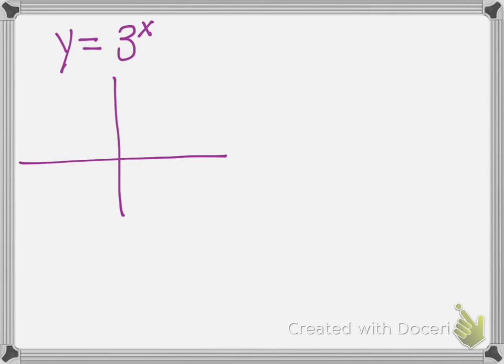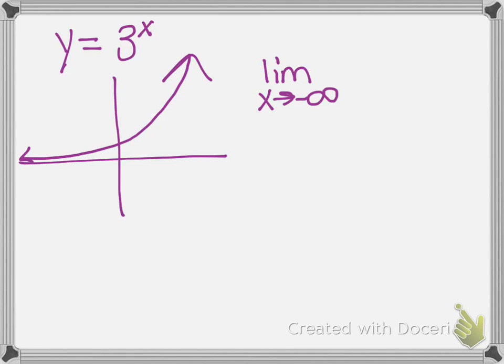But let's say that I gave you this function. Pretty standard exponential. If I were to look at it graphically, it would just look like that. And I could ask you a variety of things. I could ask you, what is the limit as x approaches negative infinity of the equation?